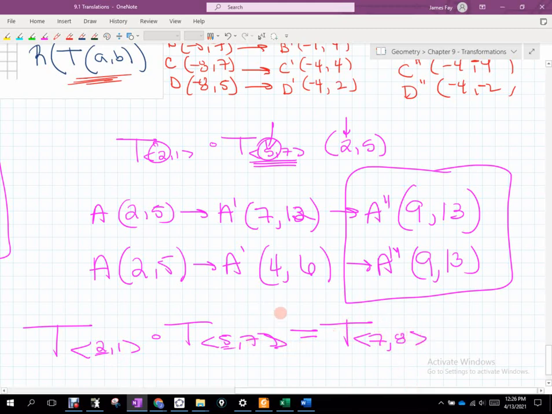So the translation of right 7 and up 8 is the same as the composite of right 2 up 1 followed by right 5 up 7. That kind of makes sense?